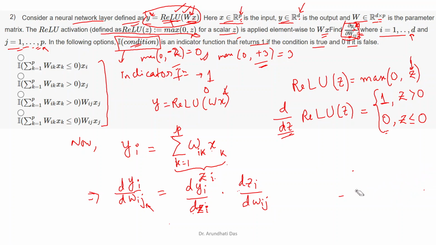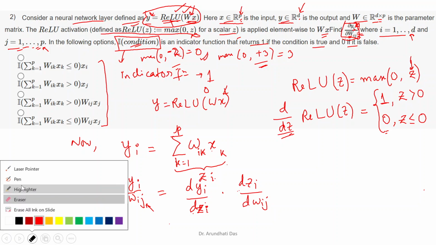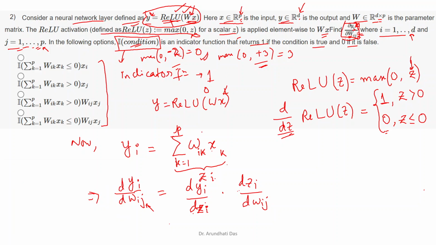It is again a well-known concept. I'll try to focus next on this one. I'm taking the partial derivative with respect to zi for yi, correct? Now what is yi?